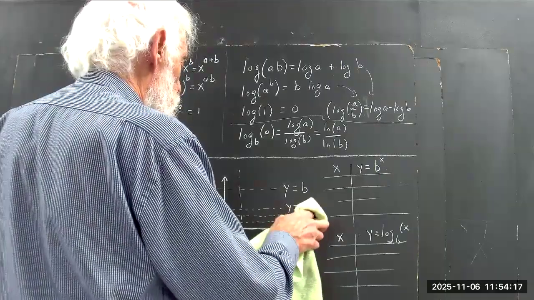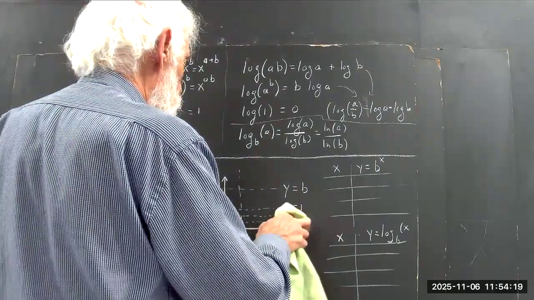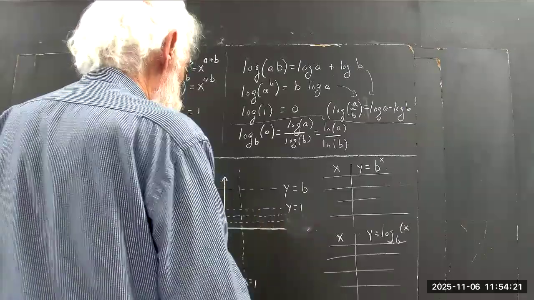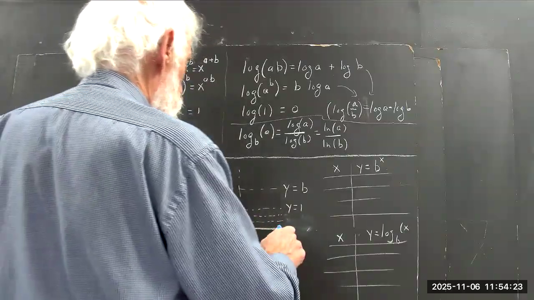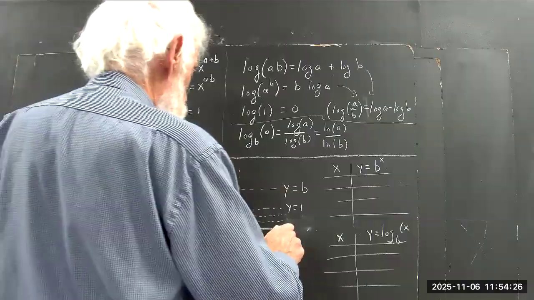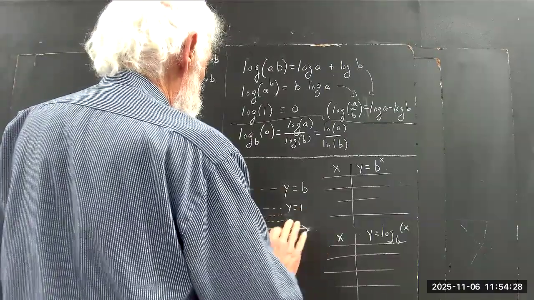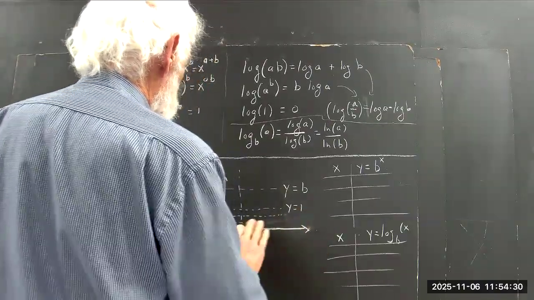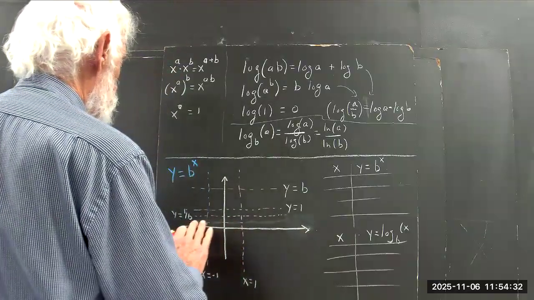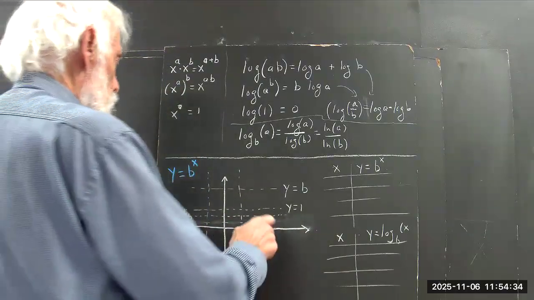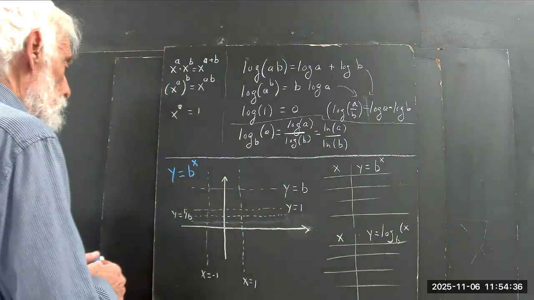I'm just going to erase the label y equals 1 over b, and smudge out this line. So here's your line y equals 1 over b.